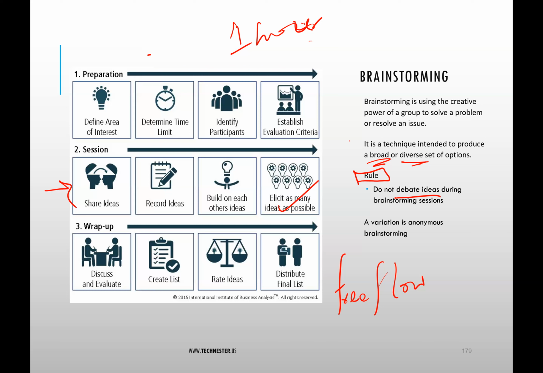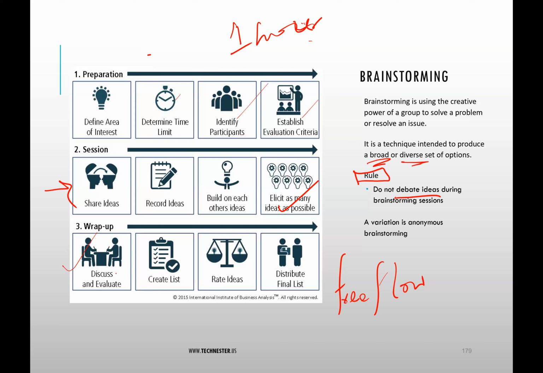Then the last part of a brainstorming session. You see, brainstorming is easy, right? You prepare, you know the area of interest, you know the time, you identify participants, you establish criteria, then you do the brainstorming itself. Then you wrap up. This is where you now discuss and evaluate the ideas. In the first part, you are not discussing the ideas, you are just collecting them.